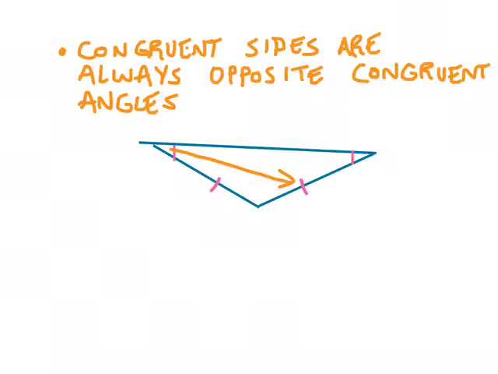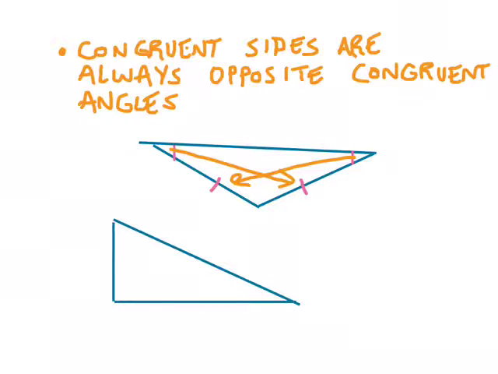So in a triangle, the angle will not touch the side that is going to be congruent. It's always going to be across the triangle. So not only do we know how many sides will be congruent if we know how many angles, we know which sides will be congruent.